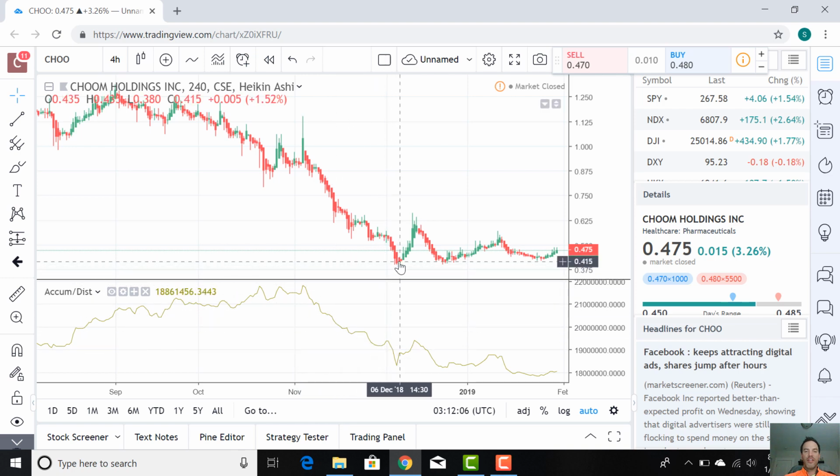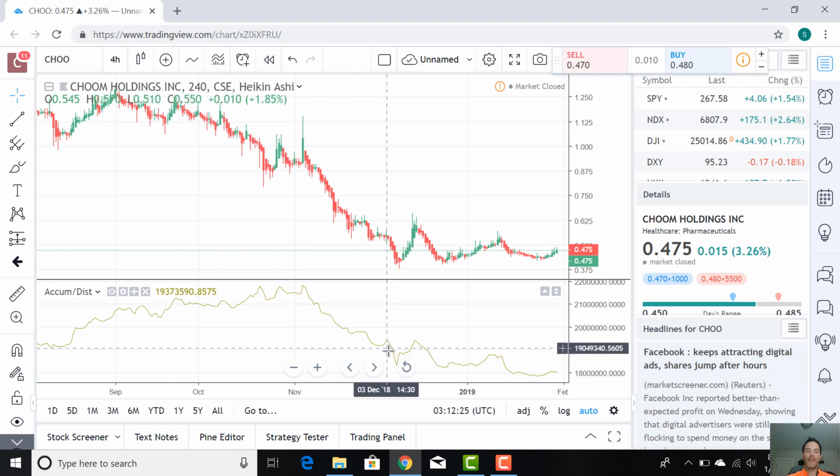But look here, at the end of the downward swing temporarily, if we follow the mouse down, you'll see that the accumulation distribution actually increased a couple of 4-hour periods before that turn. So that's exactly what we're looking for, these changes in slope from one way to the other. Had we acted on that little change in slope, we would have captured the beginning of this upward tick in price.